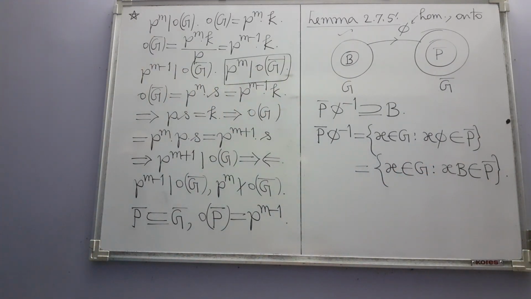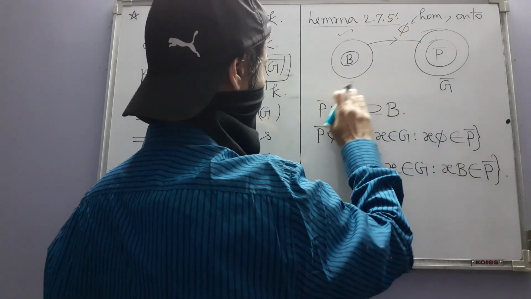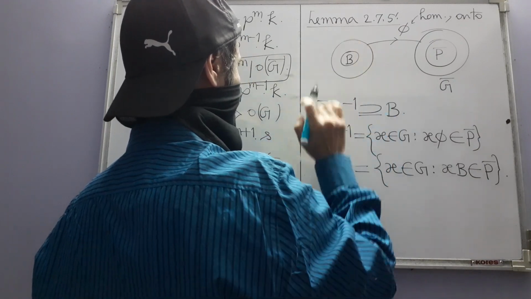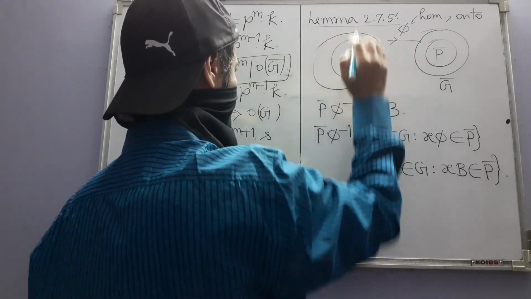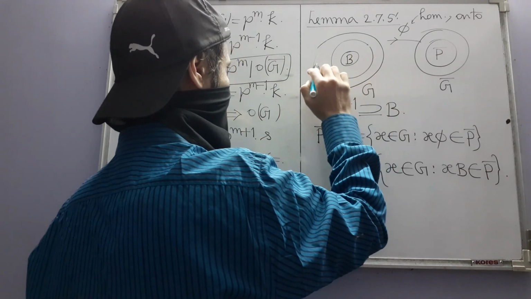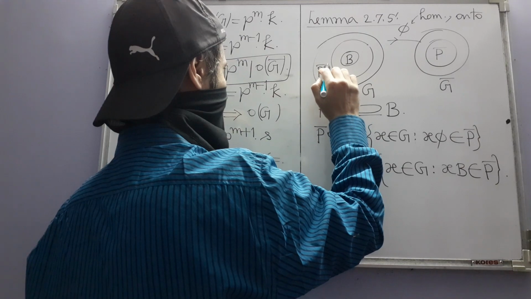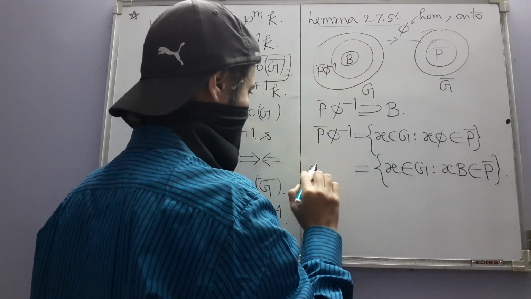Now here's the thing. So if I enlarge this a little bit so that you can see it clearly, say this is our G, and suppose this is our P bar phi inverse, and we are giving it a name also.